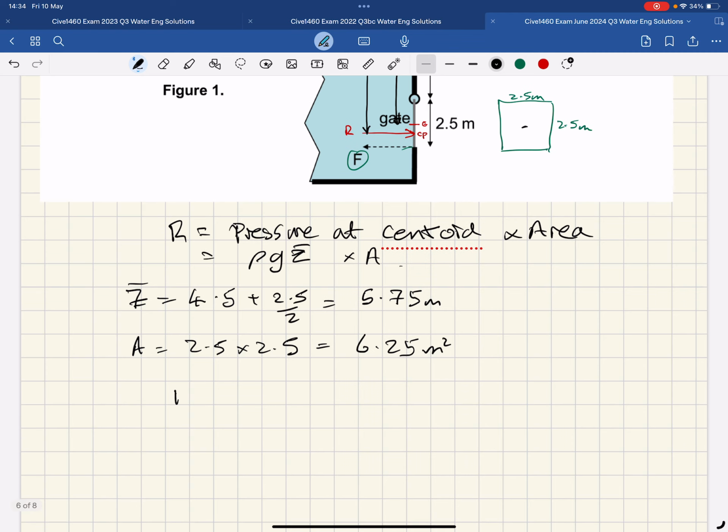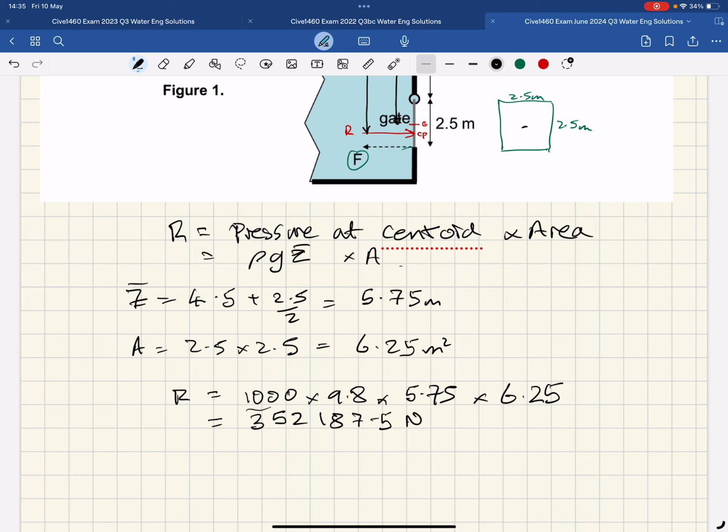So R, simply 1000 times 9.8, so 1000 because we've got water, times the Z bar, 5.75, times the area, 6.25. Do the calc, 352,187.5 newtons.